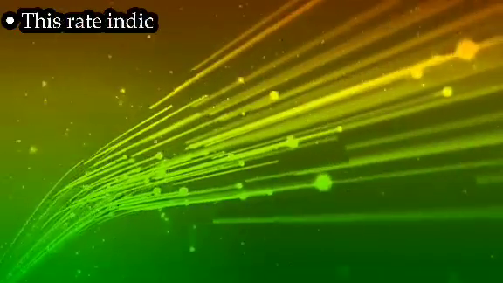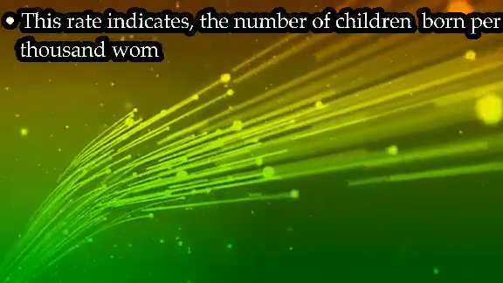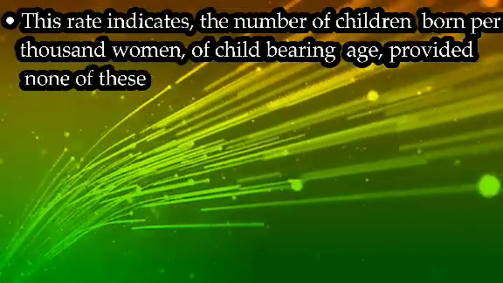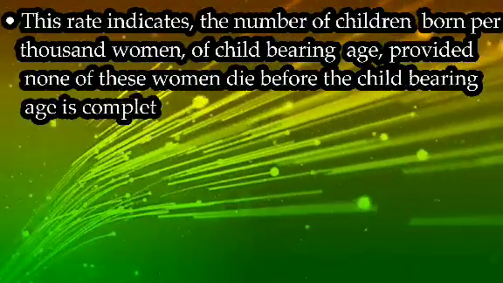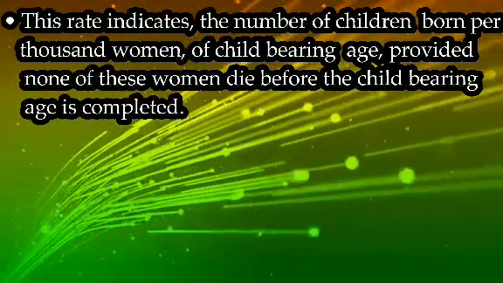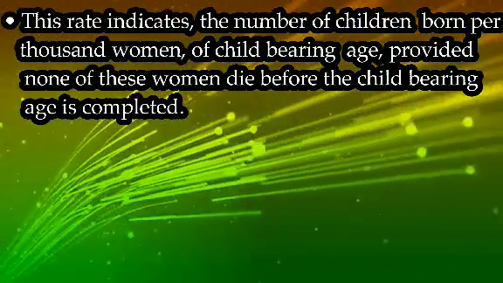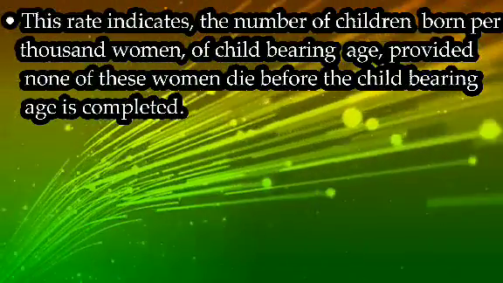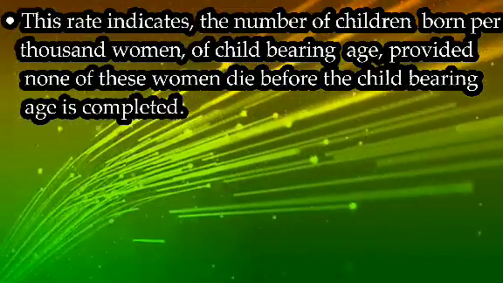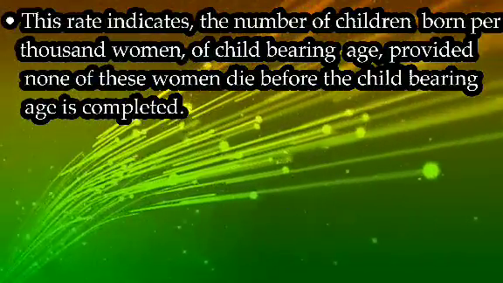Now, this rate indicates the number of children born per 1000 women. You are calculating the ratio for 1000 women of childbearing age, provided none of these women die before the childbearing age is completed. This is the assumption which we make.